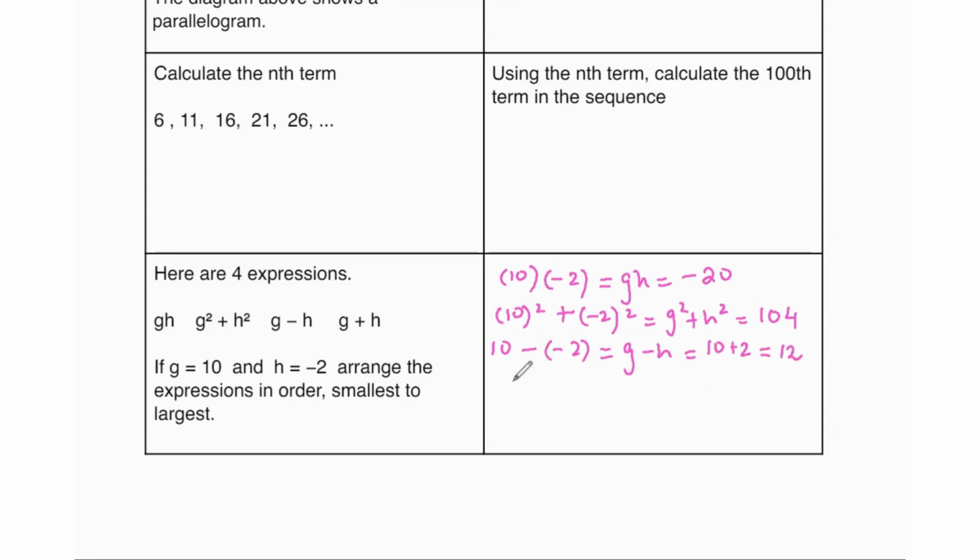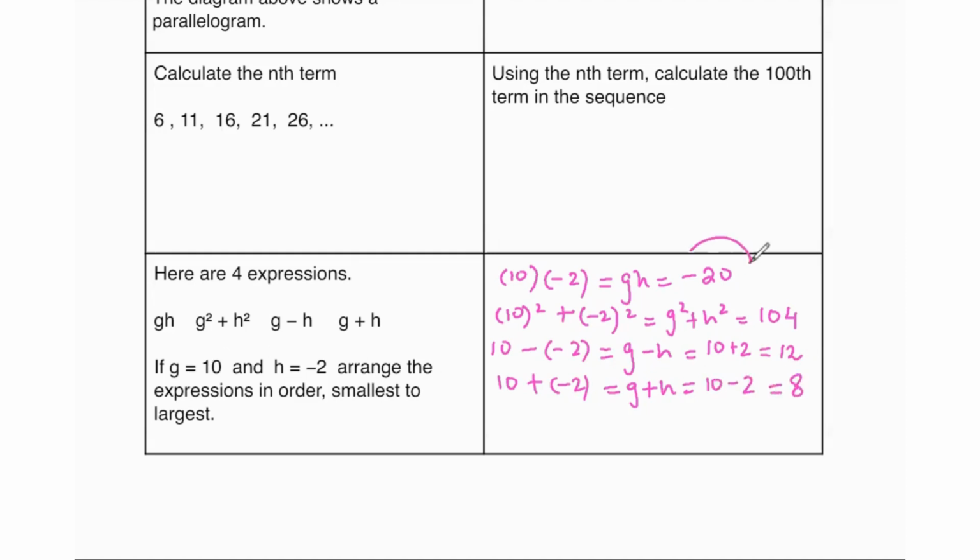Then G plus H, which is going to be 10 plus -2. So now a negative integer is being added to 10. So now we will subtract. In the previous case, a negative integer was being subtracted, so then we add. And when a negative integer is being added, we subtract. So 10 minus 2, and that is 8.